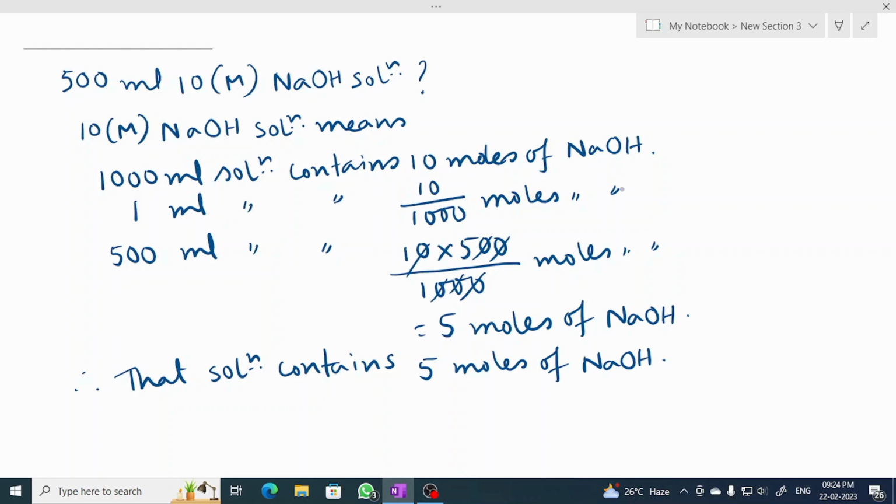Now, to calculate the molarity of a solution after dilution, a formula is used. What is that?